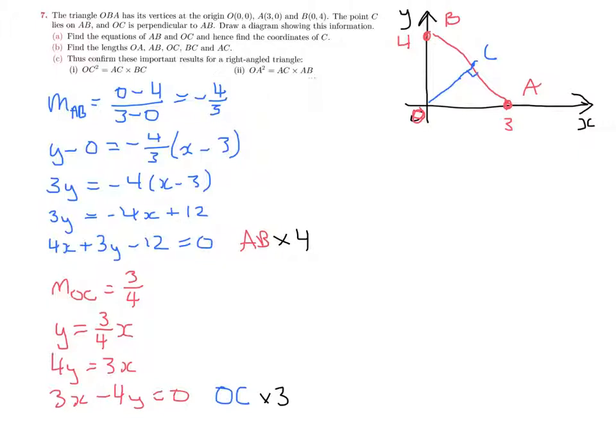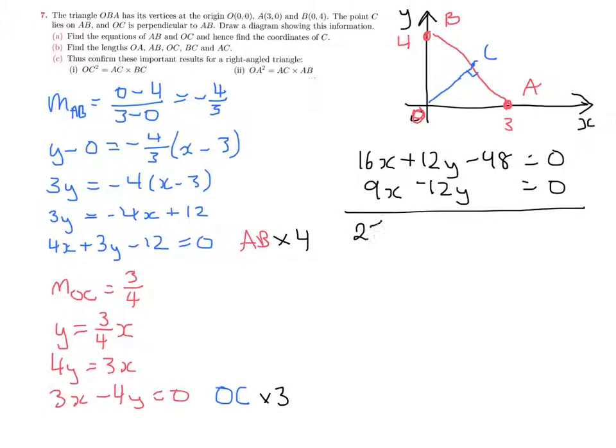So, we have 16x plus 12y minus 48 equals 0, and we have 9x minus 12y equals 0, and if we add the two equations we get 25x minus 48 equals 0, and so we have x equals 48 over 25.